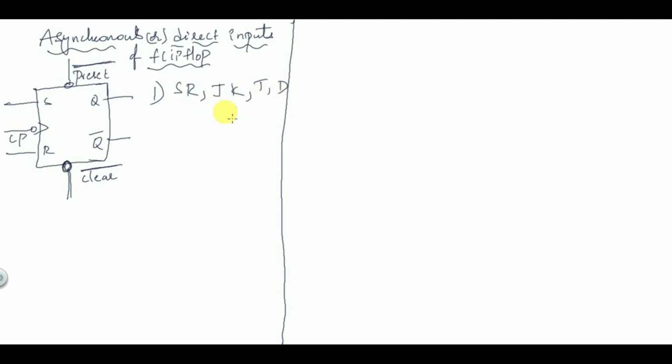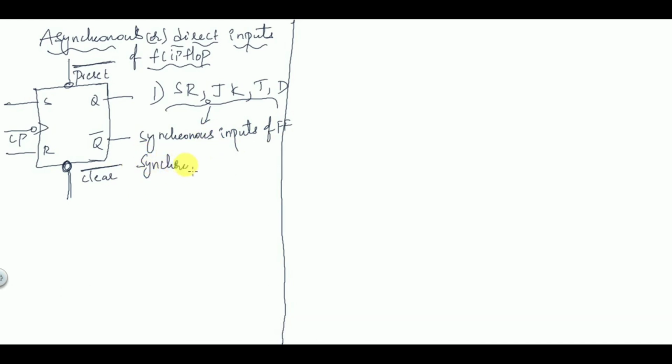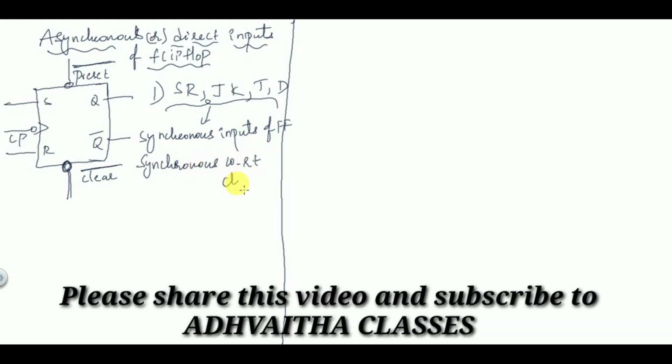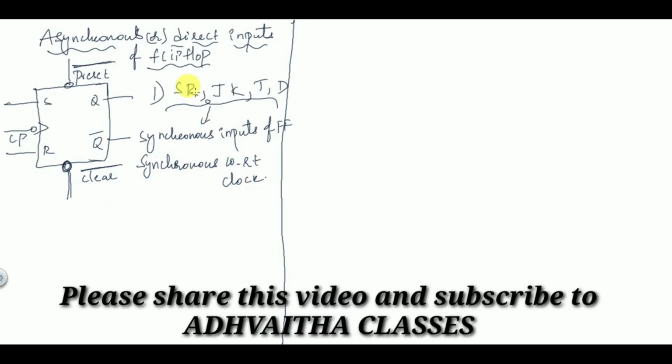All these inputs are said to be synchronous inputs of flip-flop. That is, they are synchronous with respect to clock. So based on the clock pulse only, you can apply these inputs.